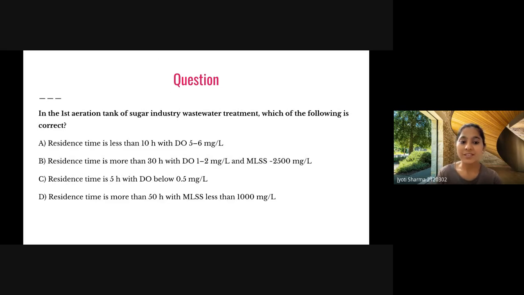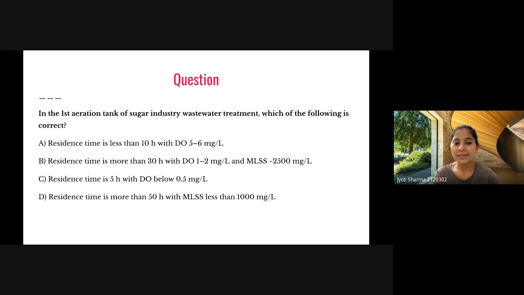In the first aeration tank of sugar industry wastewater treatment, which of the following is correct? Because we are using the aeration tank, there must be some residence time. So you have to tell me the residence time, and you also have to tell me what dissolved oxygen quantity it will have. We have four options here.